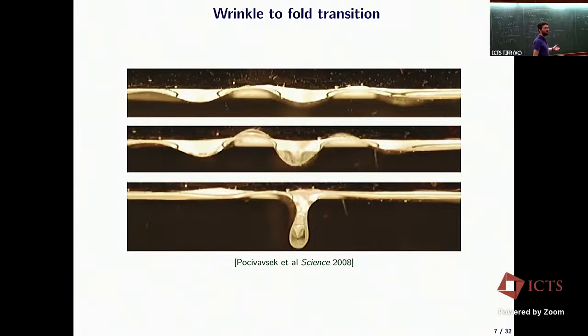This criterion is a bit strange because lambda is an intensive quantity, it doesn't depend on the size of the system, but this one is extensive. So for a very large system, it should almost form a fold immediately, and it will be very hard to see the wrinkles.